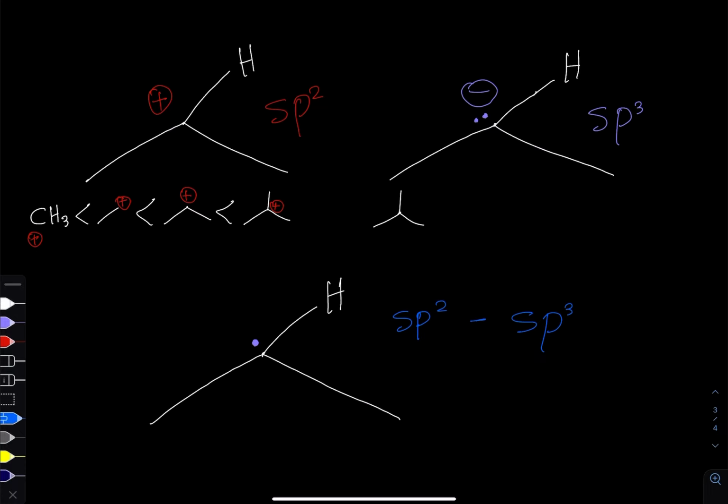So, for example, a tertiary carbanion is very unstable, but as we move toward having less substituted positions on that negatively charged carbon, we're going to get increased stability. So a methyl carbanion is really stable.